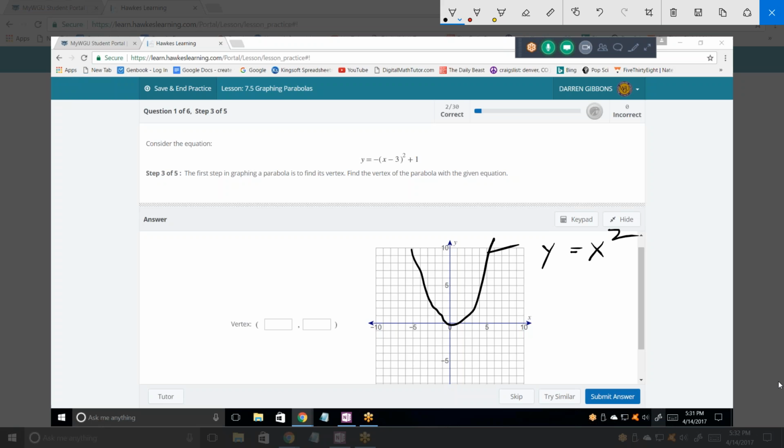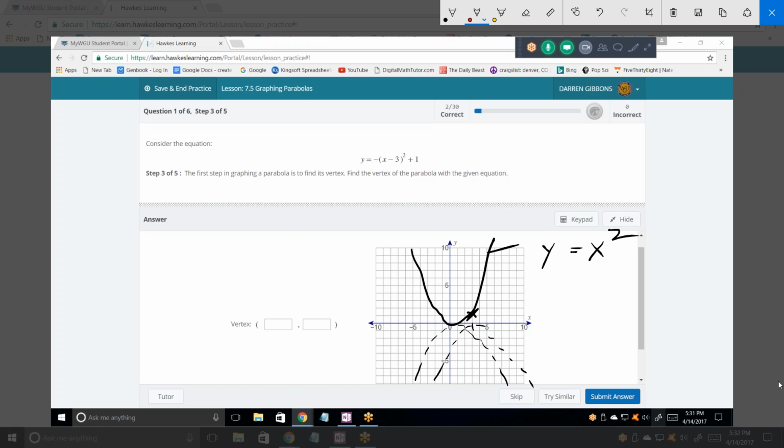Well, this negative sign is just a reflection, so the first thing I'm going to do is that. Then the 3 is a horizontal shift to the right, so I'm going to move it so that the vertex is there. And then the plus 1 moves everything up 1. So now the vertex is at that point right there.